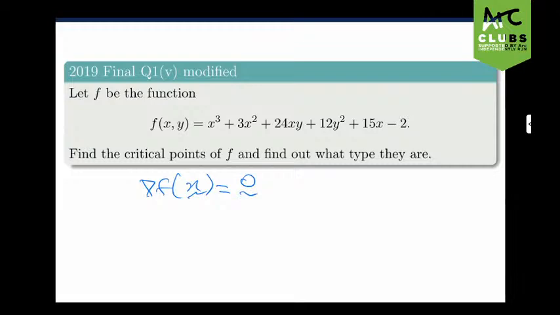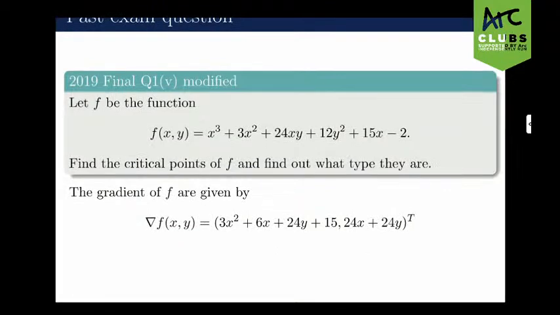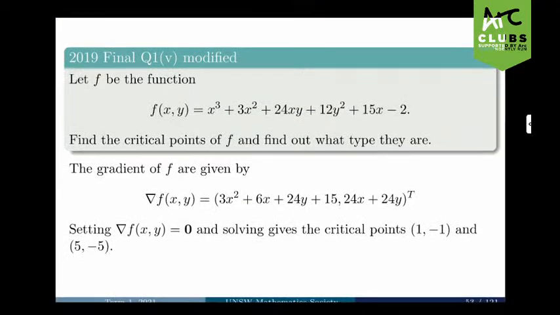So basically, I just want to solve this equation to find all of these points. First of all, I need to find the gradient. The partial derivative with respect to x, I get this. Partial with respect to y, I get this. And now I need to solve for this equal to 0.